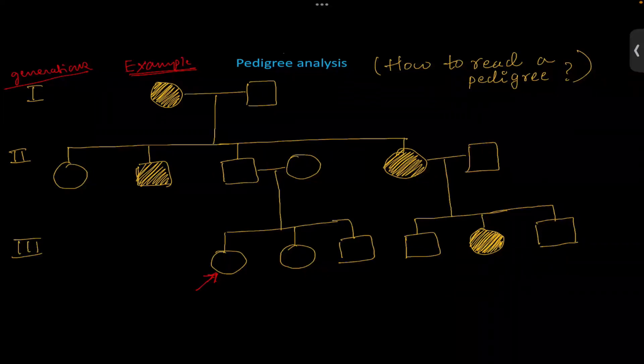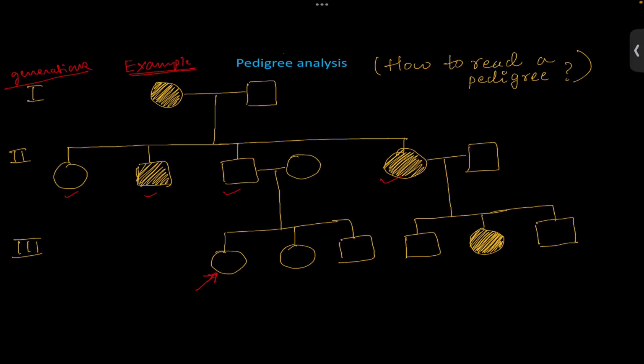Here, this is the affected grandmother who has married this man and given rise to the second generation. These two people had 4 children, and this is how we show the children of these two individuals, male and female. Among the 4 children, 2 were affected by the disease, one male and one female.